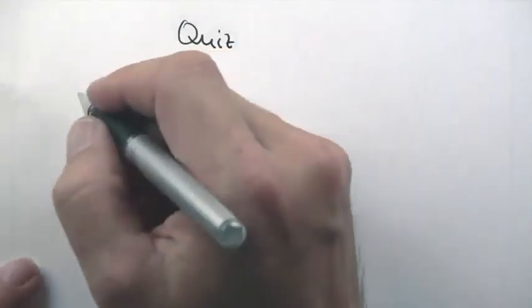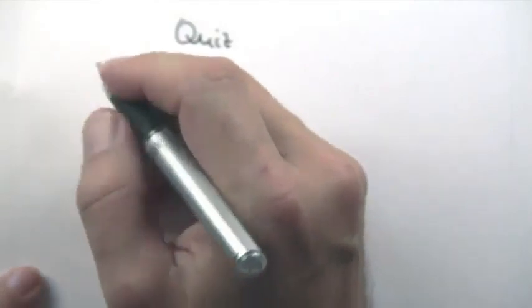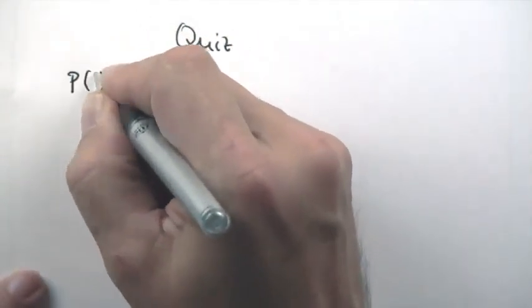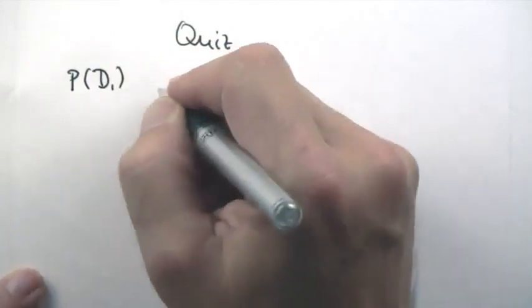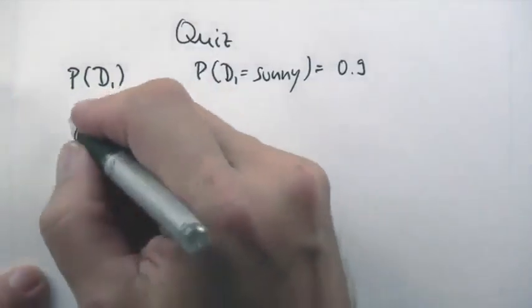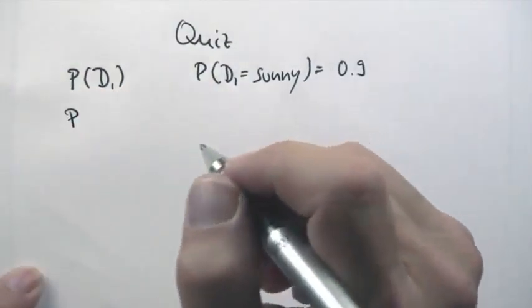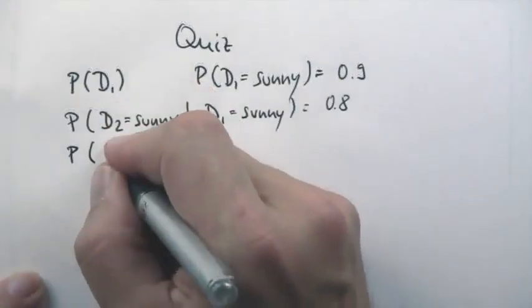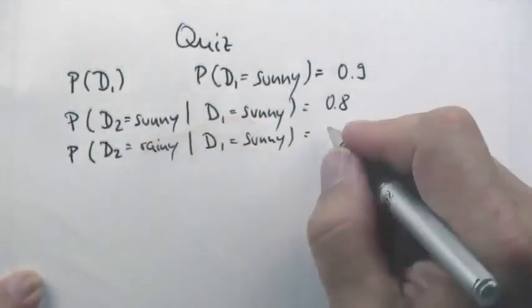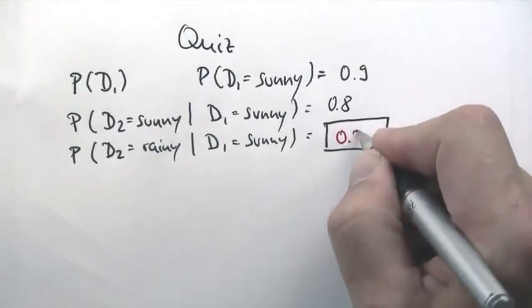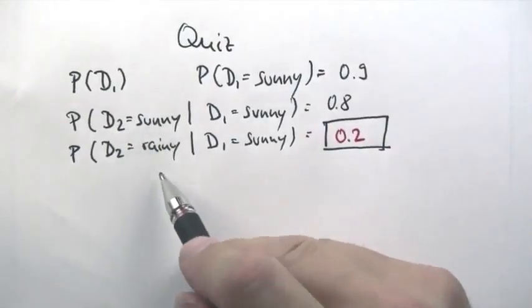We assume there are sometimes sunny days and sometimes rainy days, and on day 1, which we're going to call D1, probability of sunny is 0.9. And then let's assume that a sunny day follows a sunny day with 0.8 chance, and a rainy day follows a sunny day with, well, the correct answer is 0.2, which is a negation of this event over here.